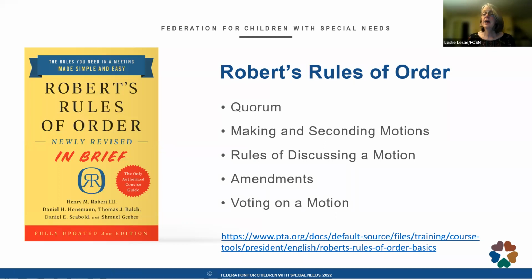But basically, you need to have a quorum of the body present so that it's enough people represented to make a decision. Somebody will bring forward a motion, and then somebody else in the group will second it, which doesn't state that you're in agreement with the motion, just that you want it to move forward for discussion.